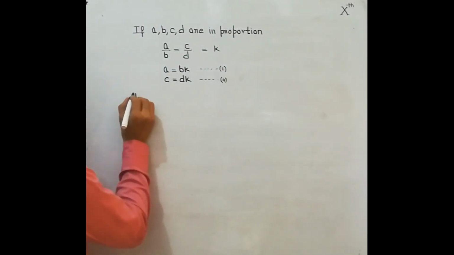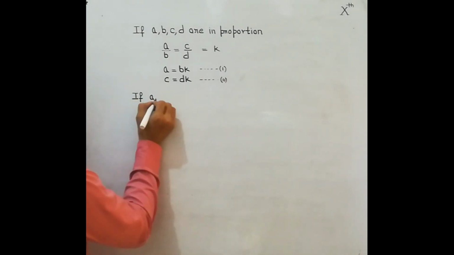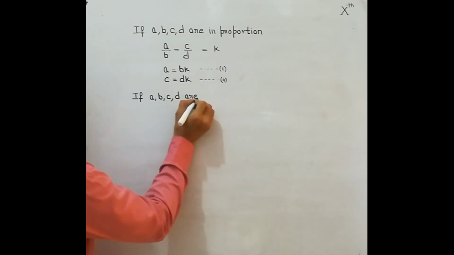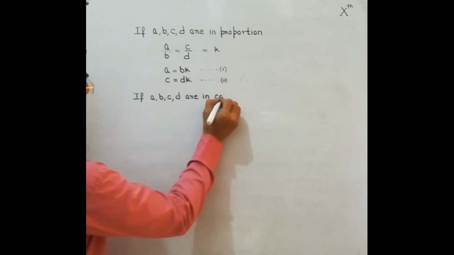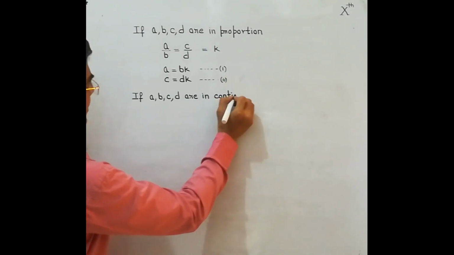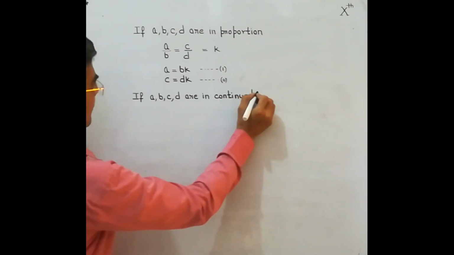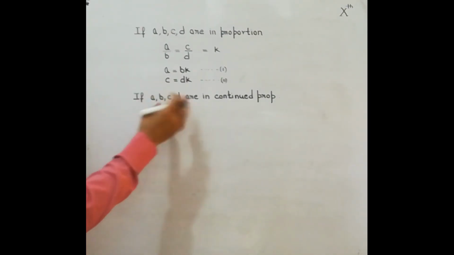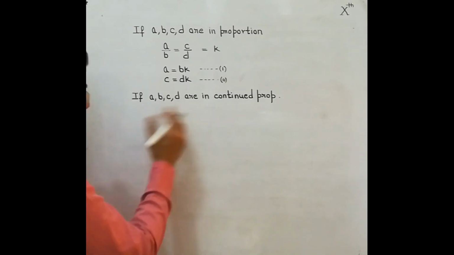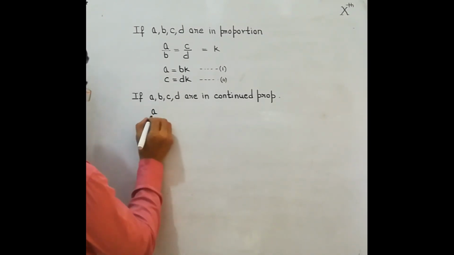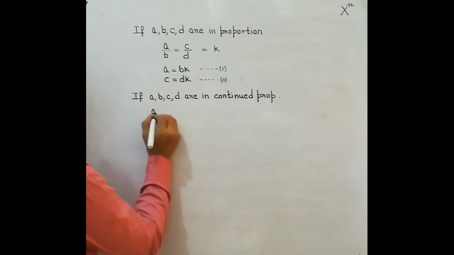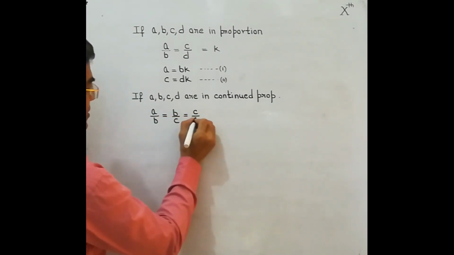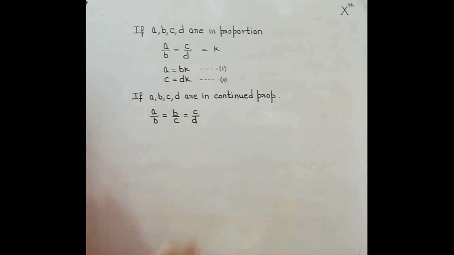Now if A, B, C, D are in continued proportion, then what will be the relation between them? A upon B is equal to B upon C is equal to C upon D. This will be the relation.